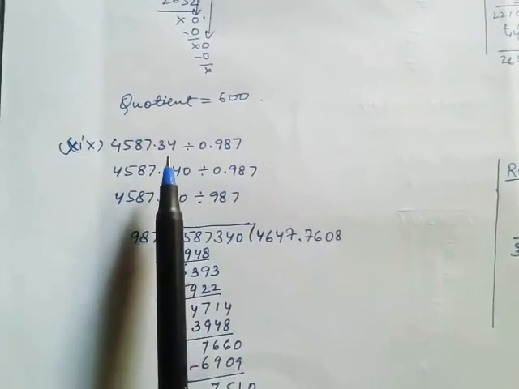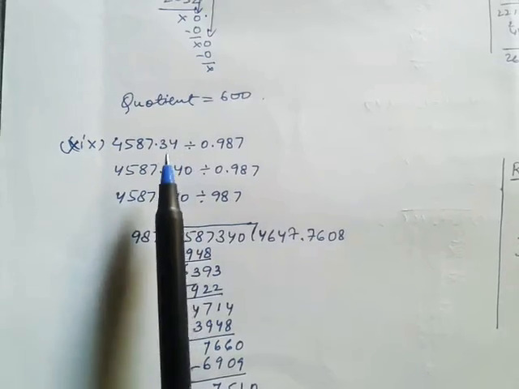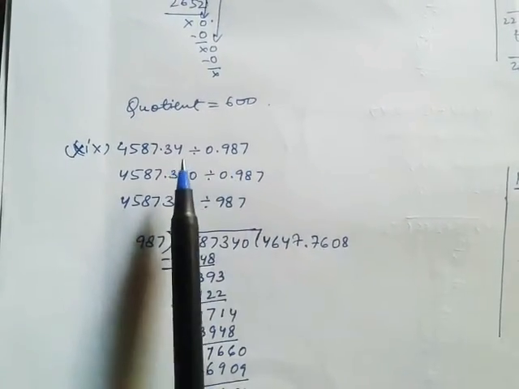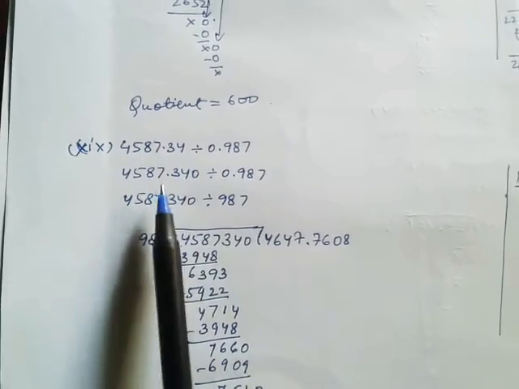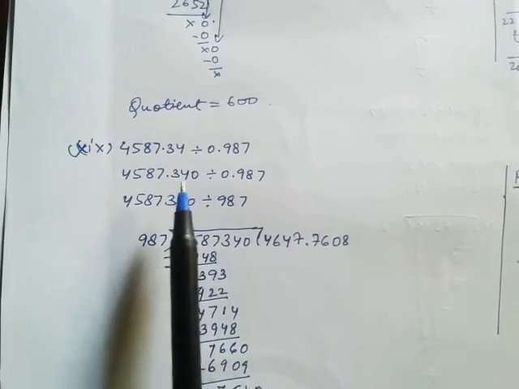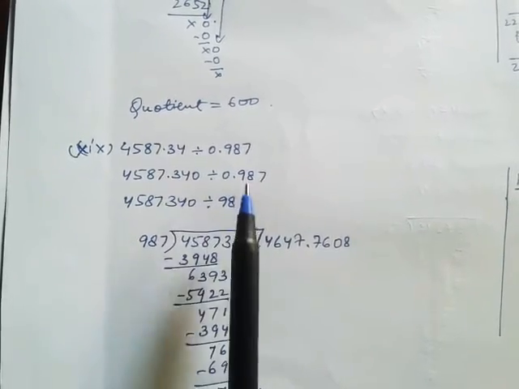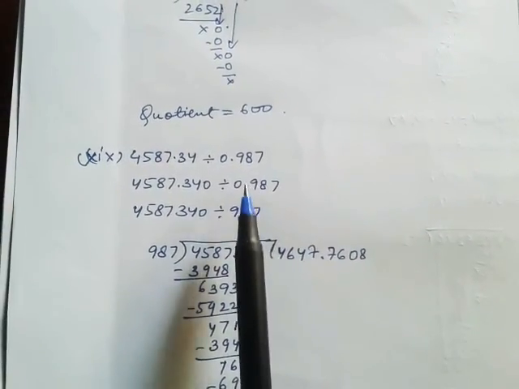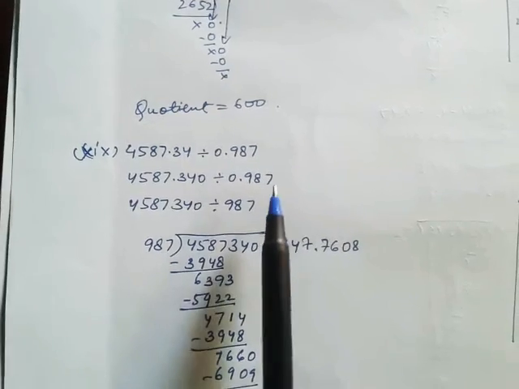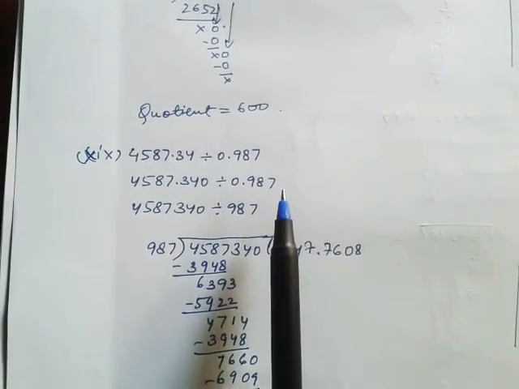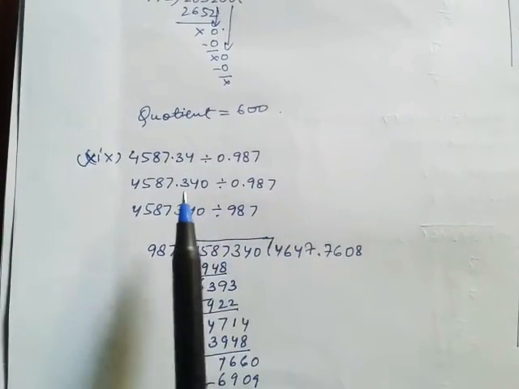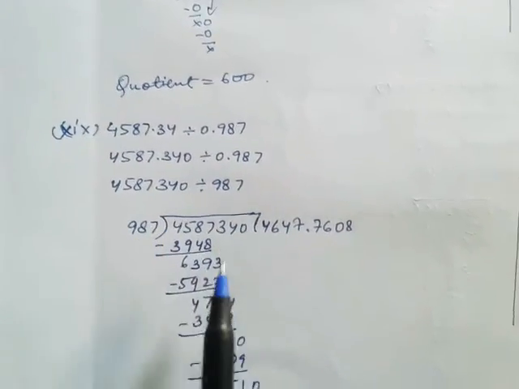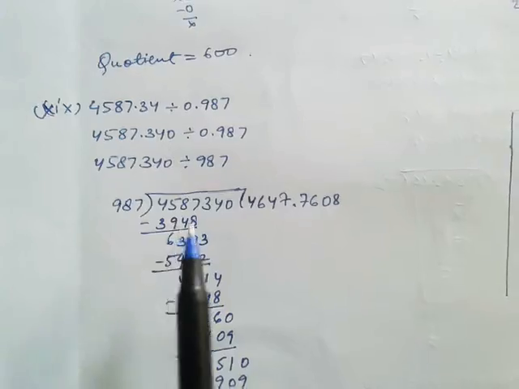Okay, so here 0.34 has 2 places and here it is 3 places, so we add one 0 here, and it becomes 3 places. Now we remove this decimal, it goes to the right like this, and the point comes after the 7 and it becomes a whole number, and this side also it goes to the right and it becomes a whole number. Okay, now we have to divide it.